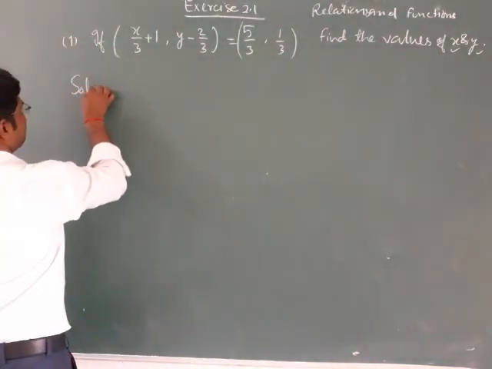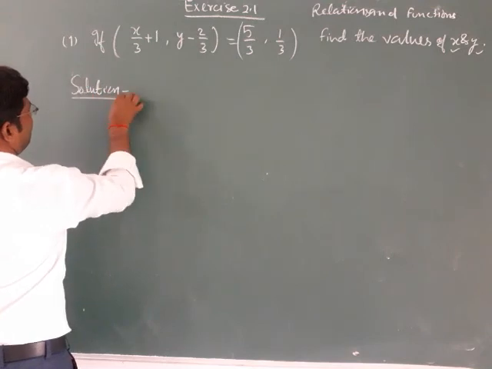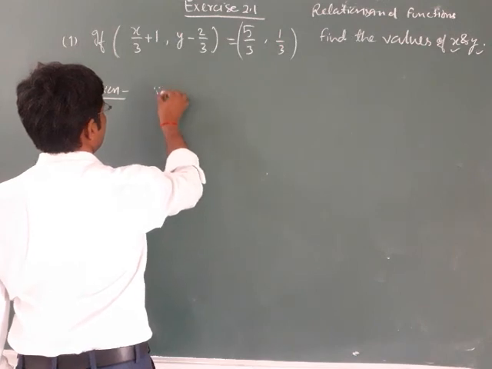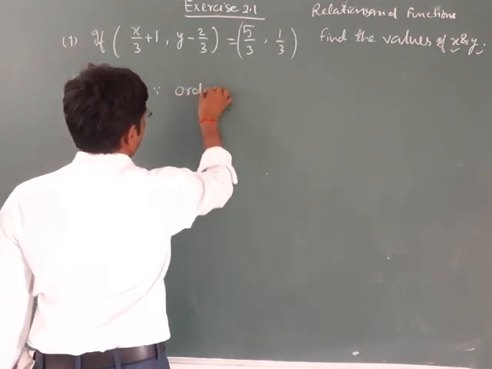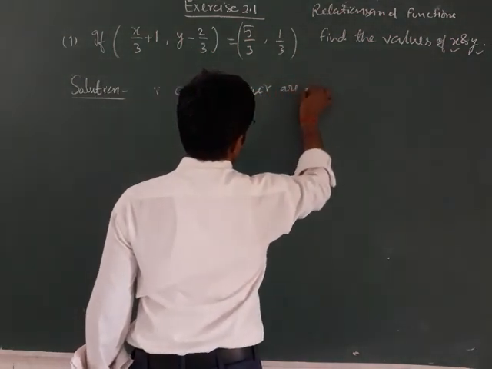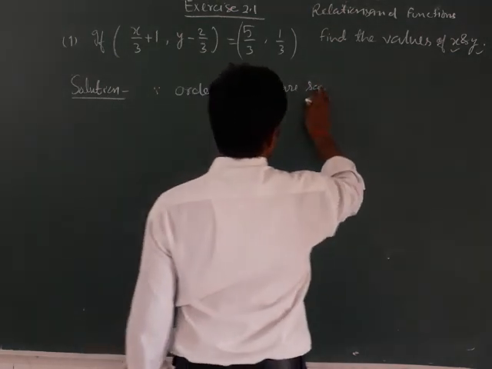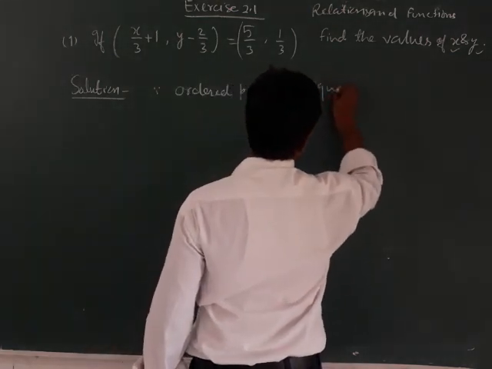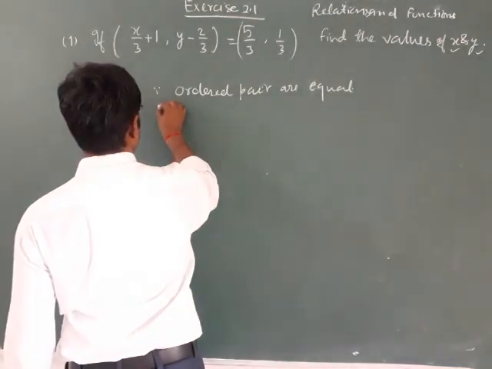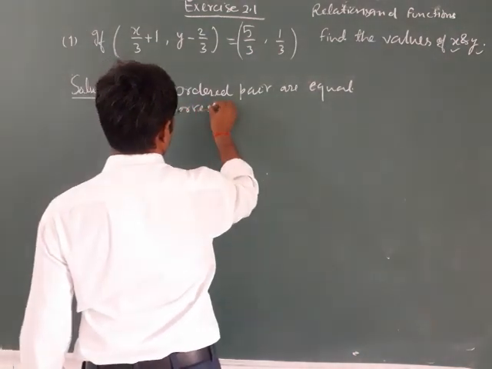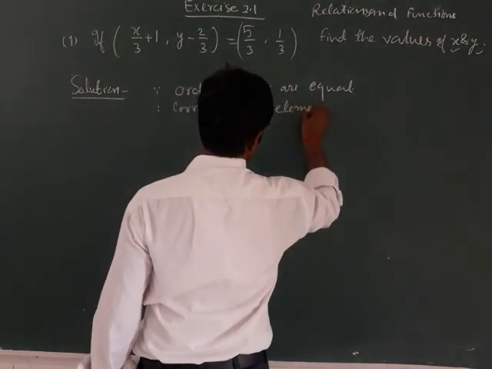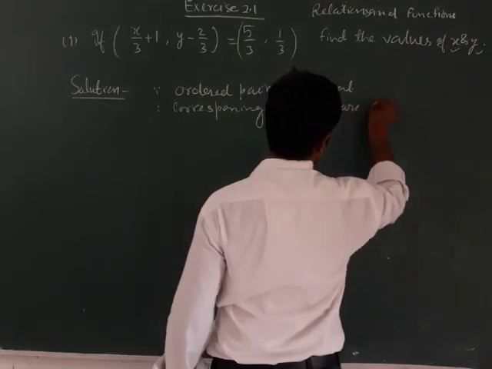Solution of this question: since the given ordered pairs are equal, therefore the corresponding elements are equal.